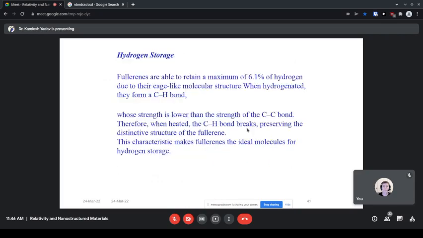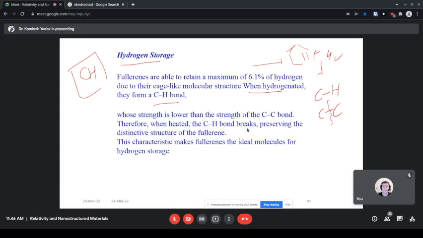Second thing is, because a double bond is present in fullerene. If you combine this fullerene with hydrogen, then this double bond will break and the hydrogen will attach to this. This is known as hydrogenation, or you can form carbon hydride or graphane. And if you consider graphane, then there will be carbon hydrogen bond and carbon carbon bond.